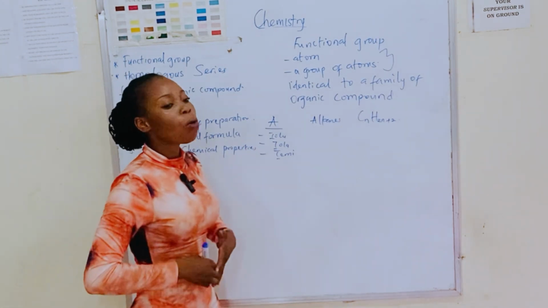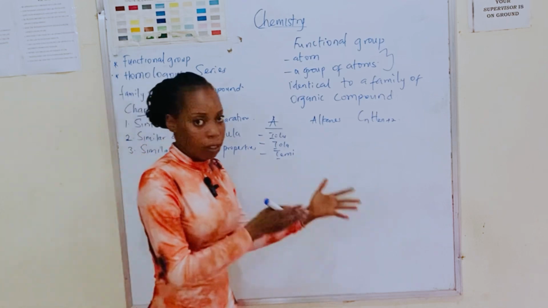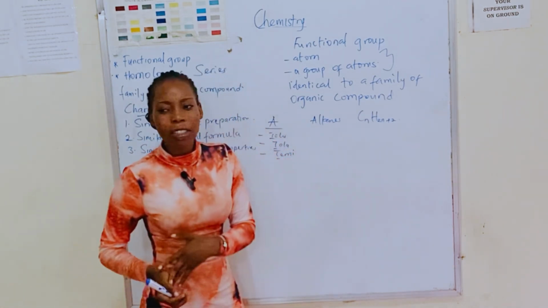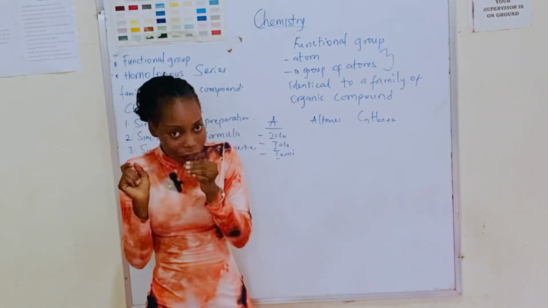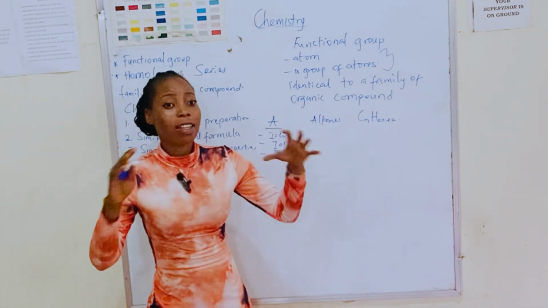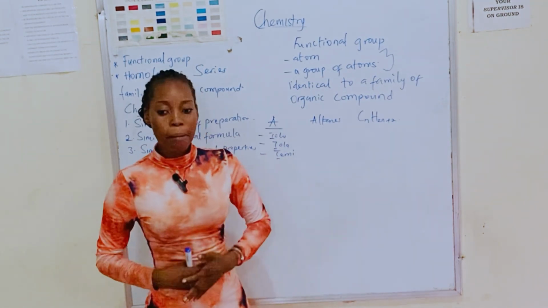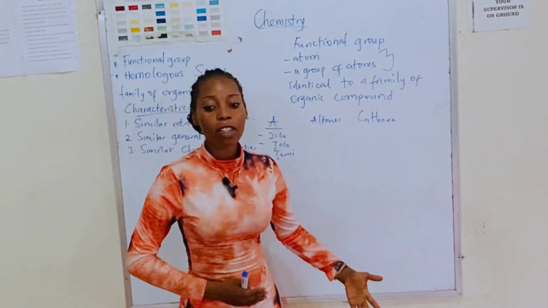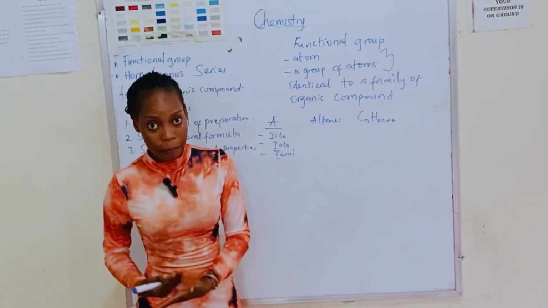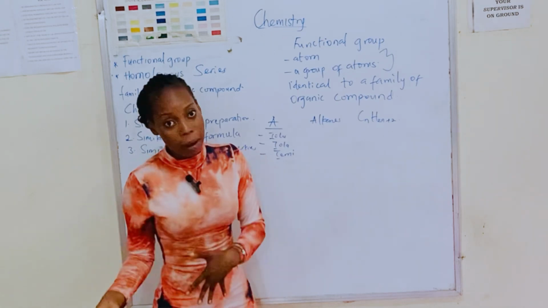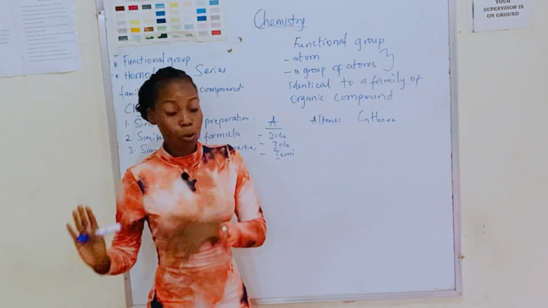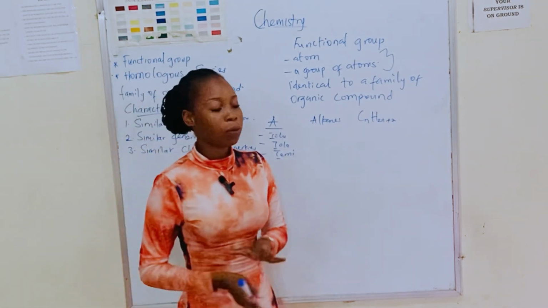The properties of one homologous series will be different from another. They might have slight differences, but generally you can say that they have similar chemical properties. You will notice that a particular member of alkanes is exhibiting the same thing that another member of alkanes is also exhibiting. Do you understand?